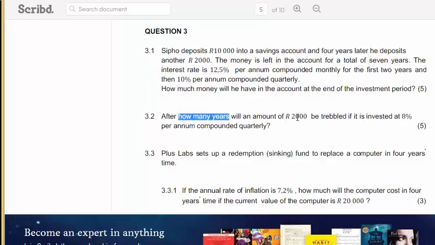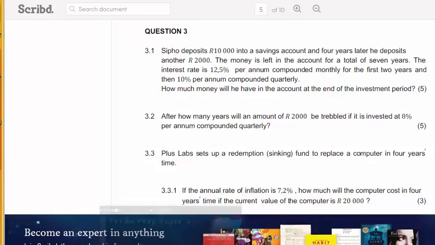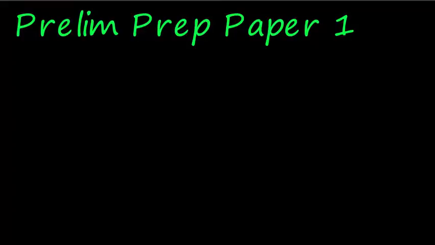After how many years will an amount of 2,000 rand be trebled if the interest is 8%, compounded quarterly? Trebled means times 3. So my present value is 2,000 rand.